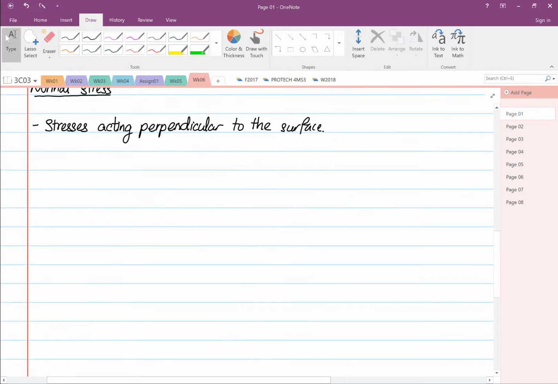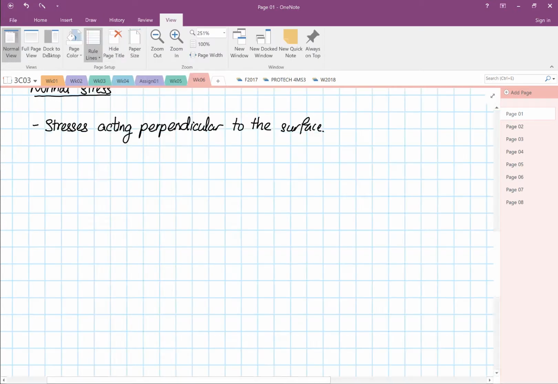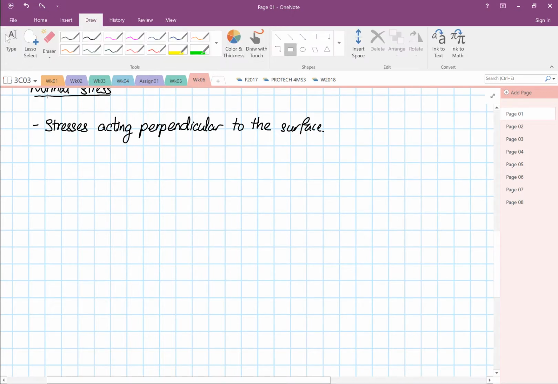Okay, so I'm going to draw an element. I'm going to construct an element. So this is my element. Okay, this is an element.